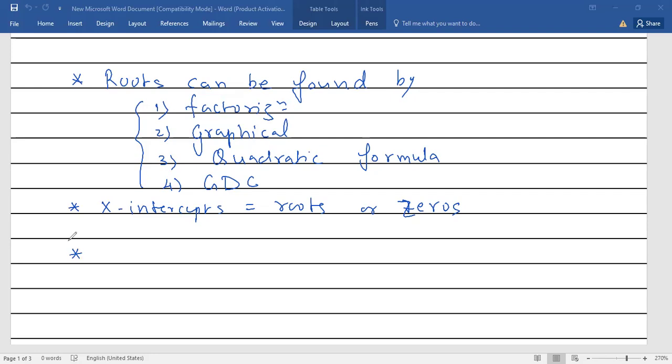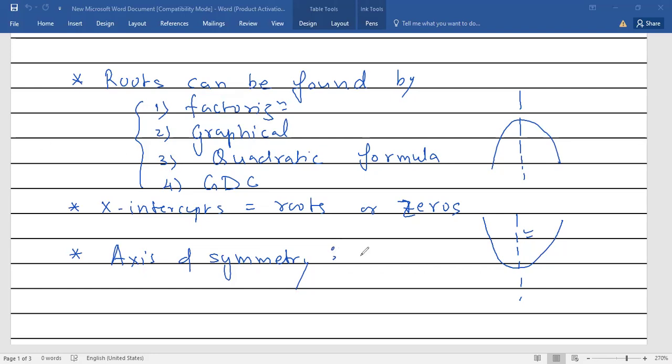And for every quadratic function, we have an axis of symmetry. The axis of symmetry is basically a vertical line which bisects the graph into two equal halves. So this will be the axis of symmetry, or if it is concave down, then this will be the axis of symmetry.